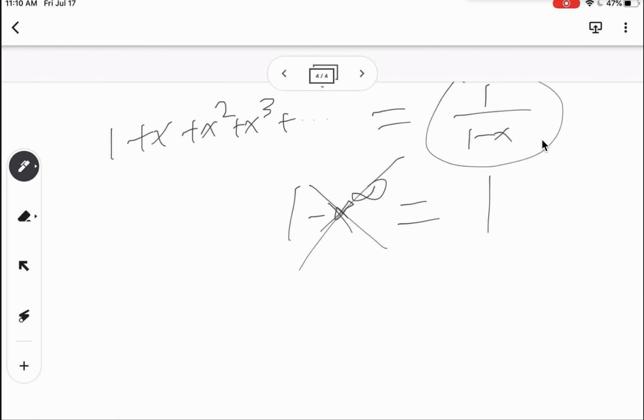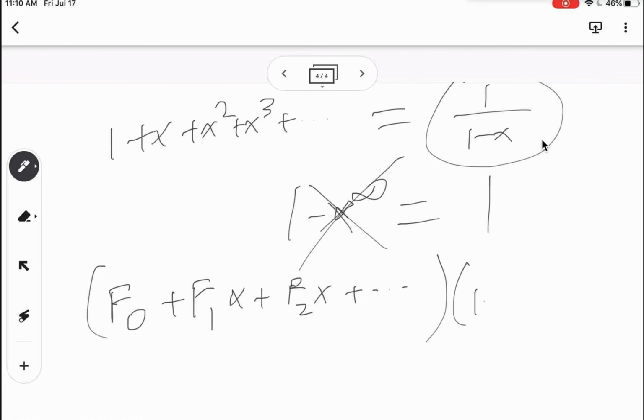And now we want a similar canceling thing to work out for the Fibonacci numbers. If you have f of 0 plus f of 1 x plus f of 2 x squared to infinity, you want to multiply this by something such that everything cancels out. And this something that we want to multiply by is 1 minus x minus x squared, right?